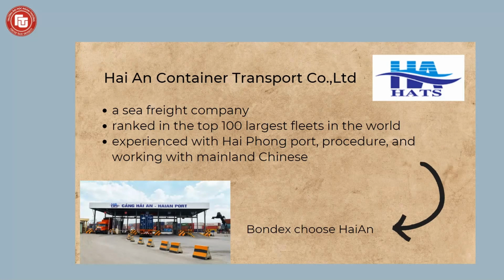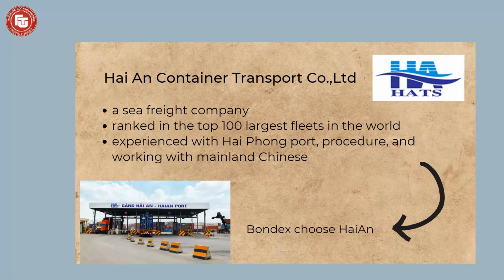With a network of agents spread across seaports around the world, the sea freight company has signed contracts with prestigious shipping lines such as Hanh, K-Line, APL, Evergreen, MSC, and Yang Ming. The company's container fleet is ranked in the top 100 largest fleets in the world according to the evaluation of Alphaliner, the world-leading maritime research organization. In addition, the domestic container transport capacity ranks among the top of Vietnam.